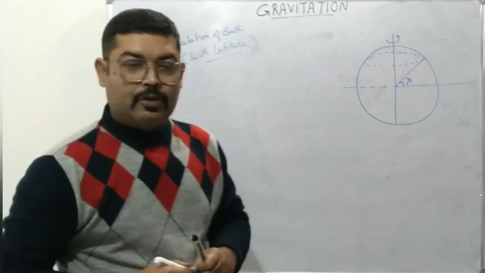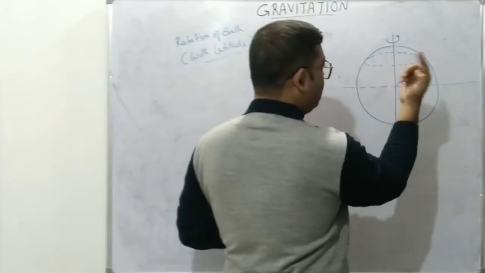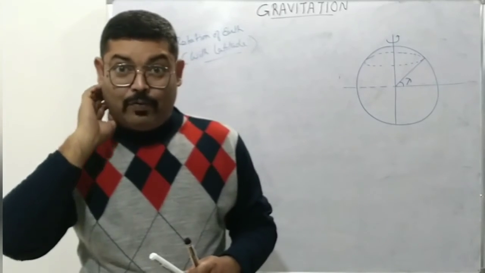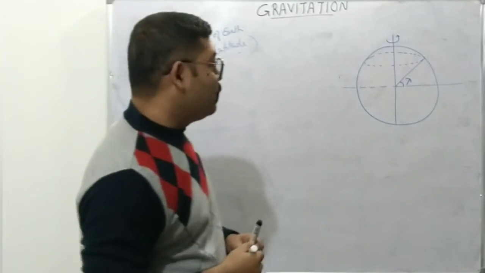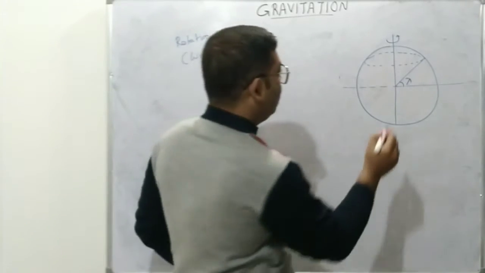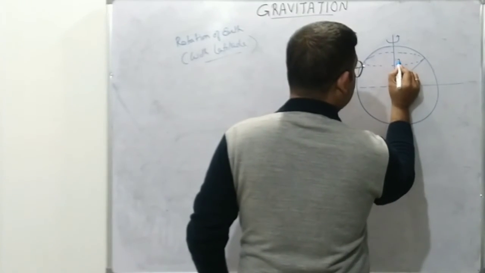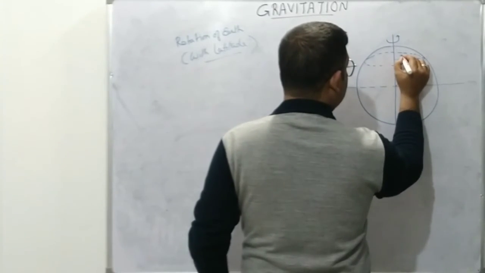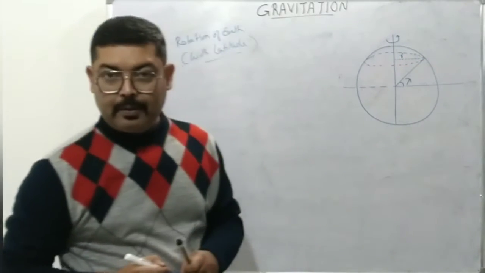So if it's moving in a circular path, then that point will be subjected to centripetal force, right? It will experience a certain amount of centrifugal force, which will be radially outwards. For this circular path, this is the radius, let's say this is called r, small r.